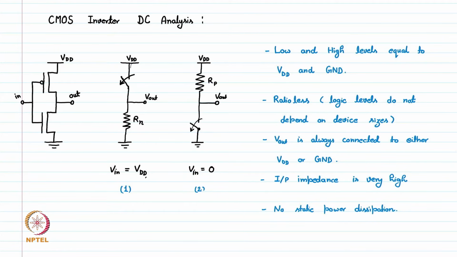So, now let us discuss what the voltage transfer characteristic of a CMOS inverter looks like.